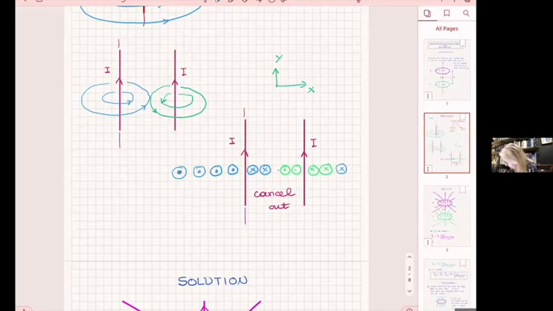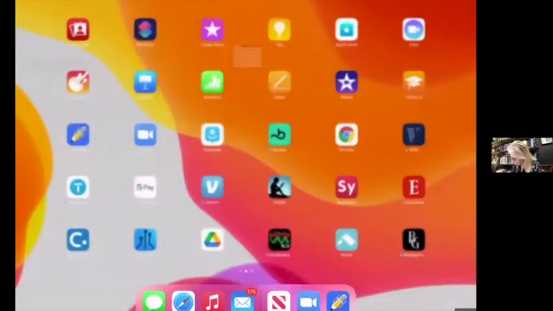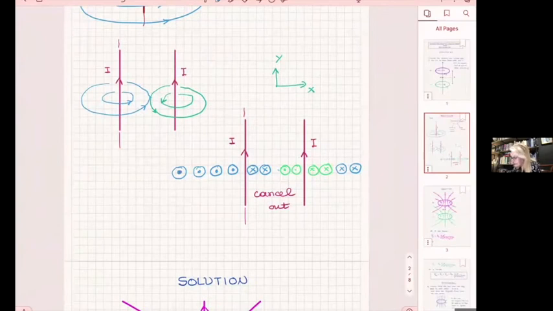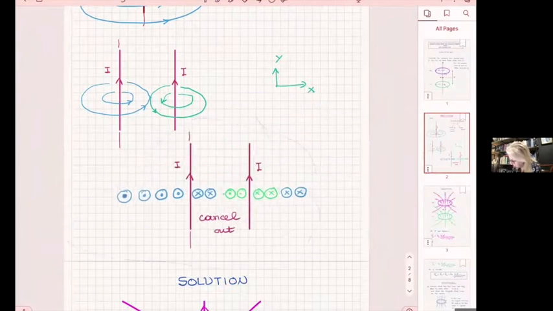Okay, look at this, how the blue lines go outside of the currents. And if I take bigger green lines, bigger green loops, rather, because we're talking about loops in the magnetic field.